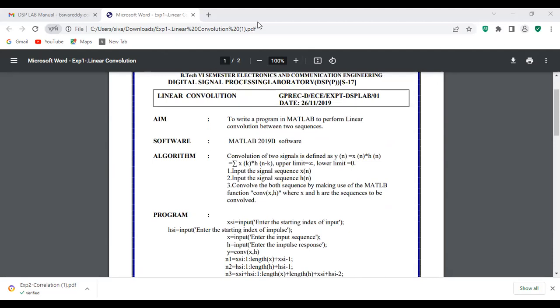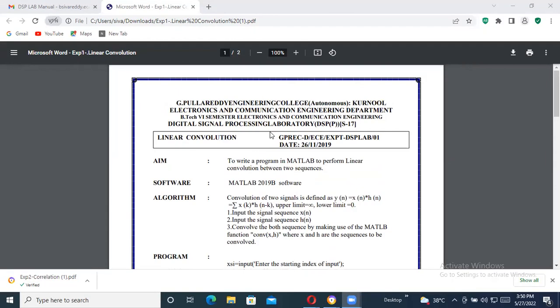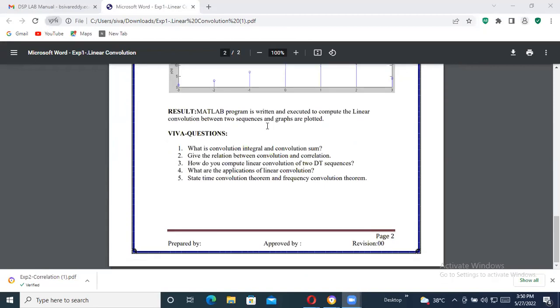Next, one more. Next one is experiment 2. So we'll wait.